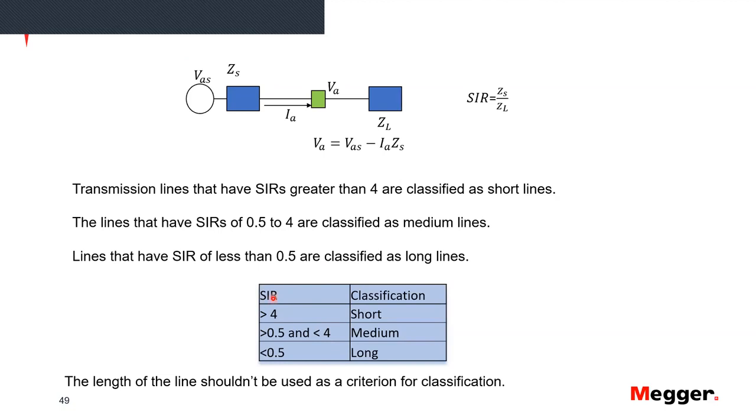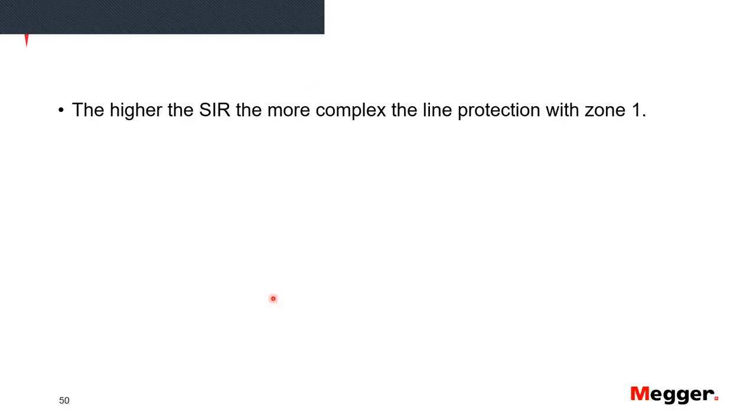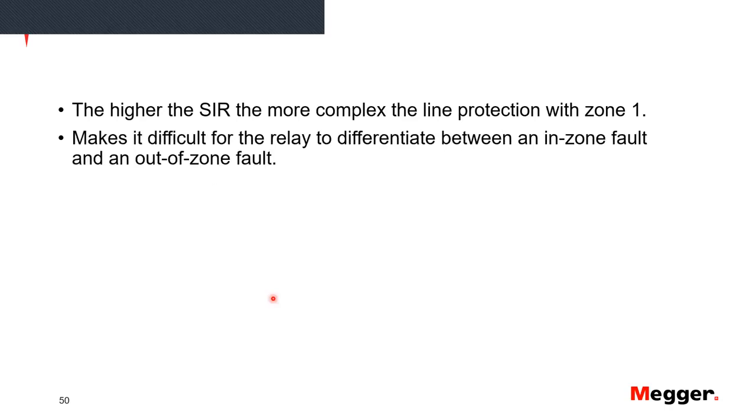It is a very useful classification because it allows us to know whether we are going to encounter issues with the types of protection that we are going to design for that system, given the type of line that we have. Now, for short lines, we know that the higher the SIR, the more complex the protection is going to be with zone 1.